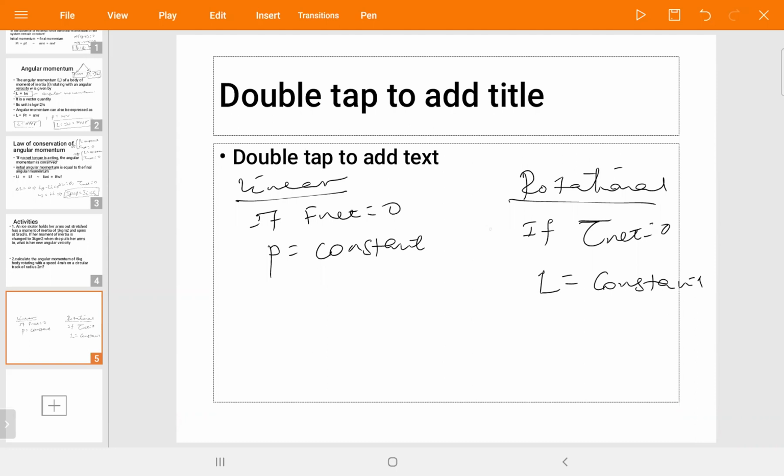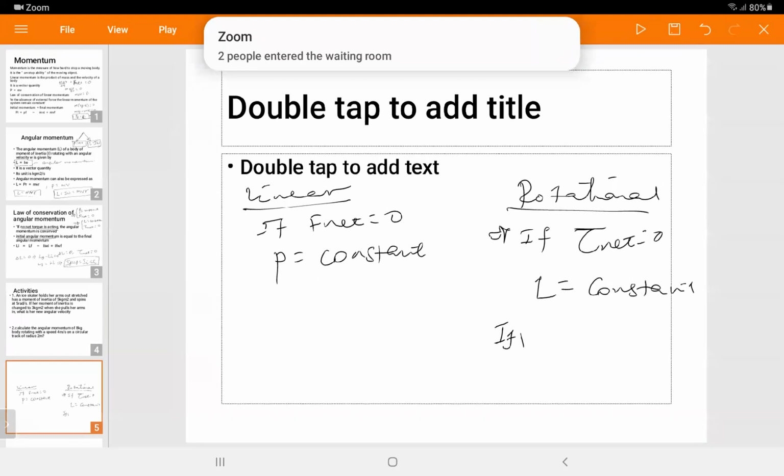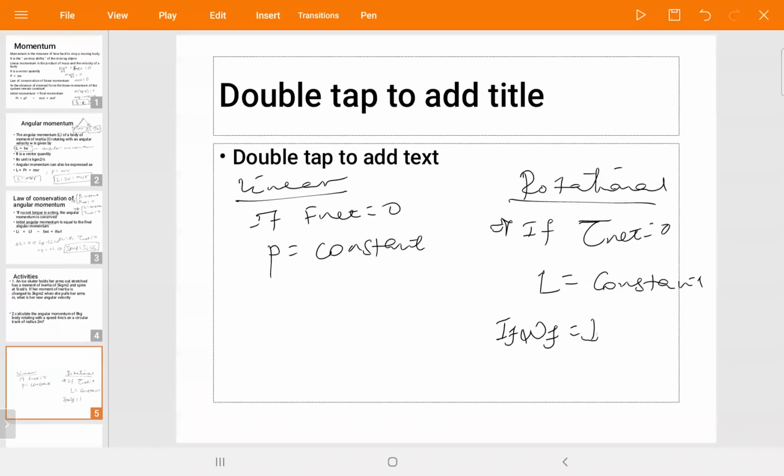So these are the criteria for angular momentum to be constant or conserved. The other point, if angular momentum is constant, then the expression becomes moment of inertia final times angular speed final equals moment of inertia initial times angular speed initial.